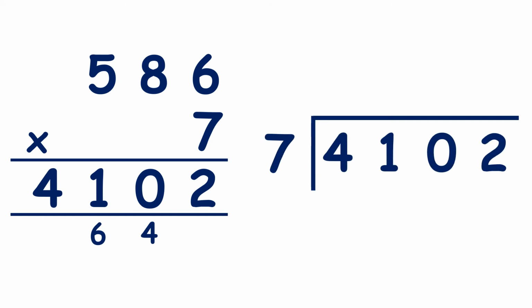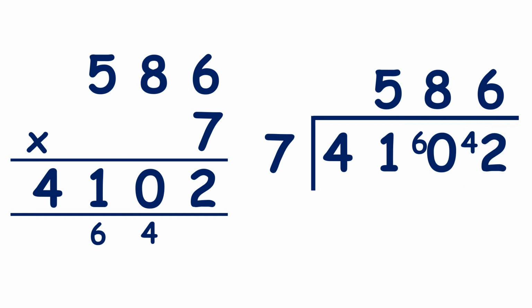Now we can check by using the inverse operation by dividing 4,102 by 7 and making sure that we get 586. If we don't, we know that either our multiplication is wrong or our division is wrong. But we're back at the number we started with, so we know that we've answered correctly.